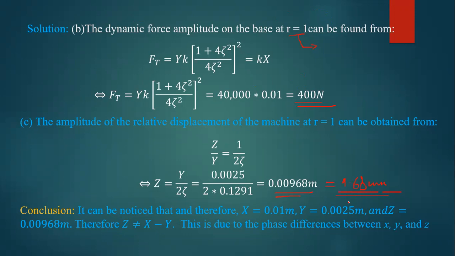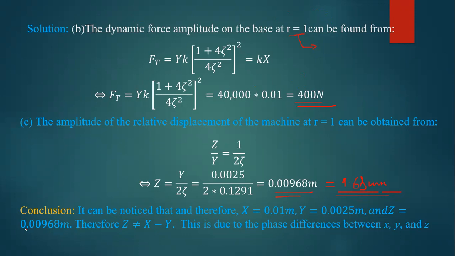It can be observed that X is equal to 0.01 meter, Y is equal to 0.0025 meter, and Z is equal to 0.00968 meter. Therefore, Z is different from X minus Y. If we subtract X minus Y, it will not give the same value as the Z value that we have here.